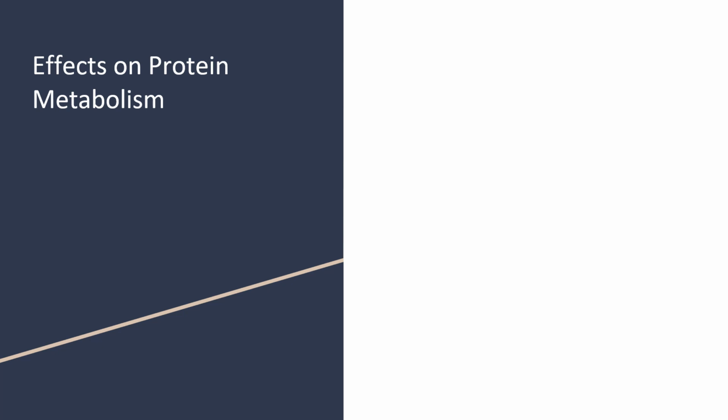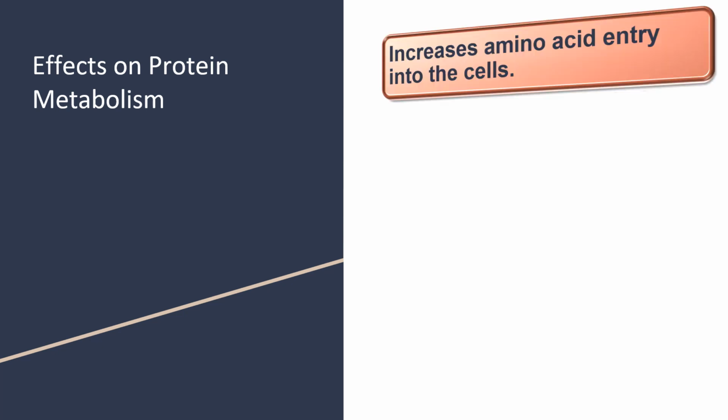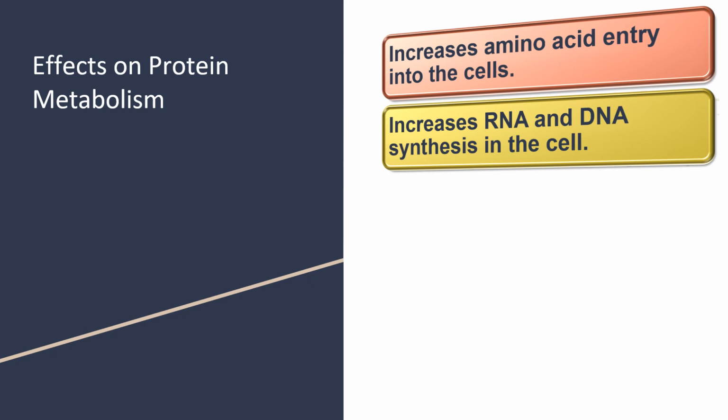Effects on protein growth. The effects of the growth hormone on general somatic growth are primarily due to the protein anabolic effects. They include the positive nitrogen and phosphorus balance, and there will be increased amino acid entry into the cells in many tissues, increased RNA and DNA synthesis in the cell.